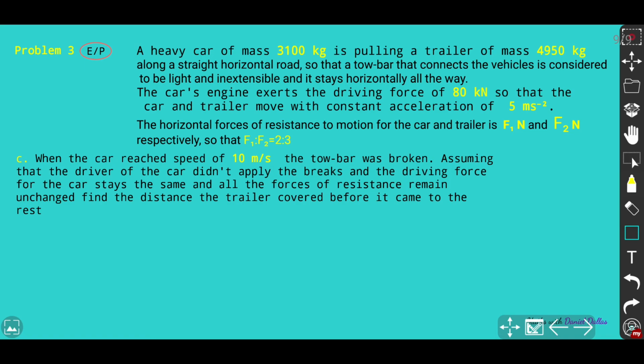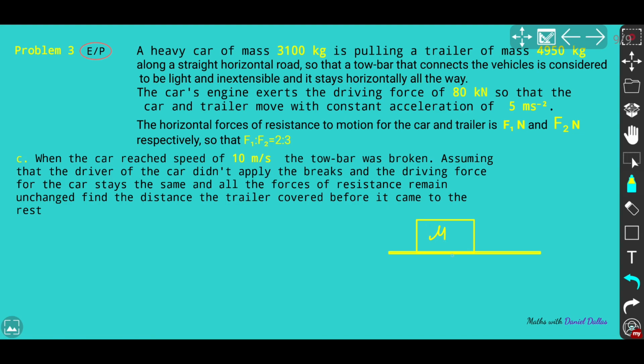What about the trailer? The picture for the trailer is going to be as follows. Right now it's all alone. Even if the tow bar is left with the trailer, it doesn't matter because it's light, meaning it's weightless, so we don't take into account its mass. The trailer with capital M is left, and now the starting speed is 10 meters per second.